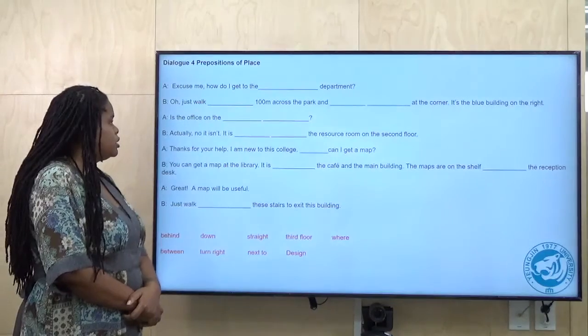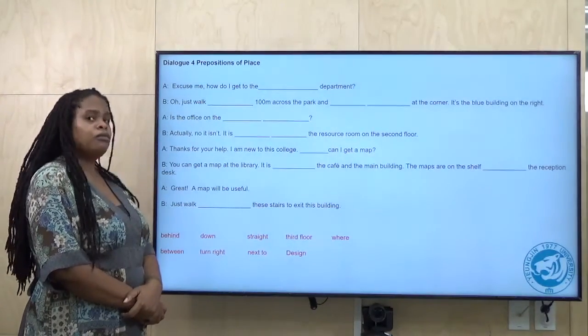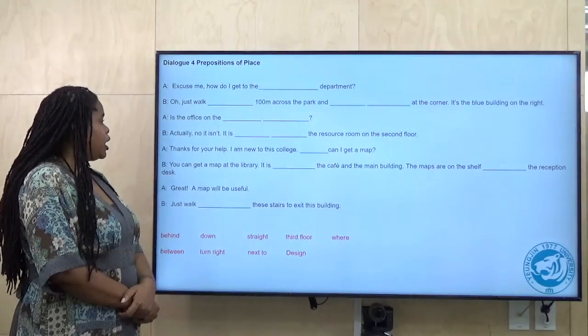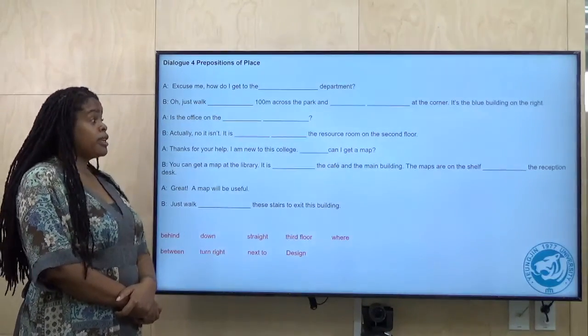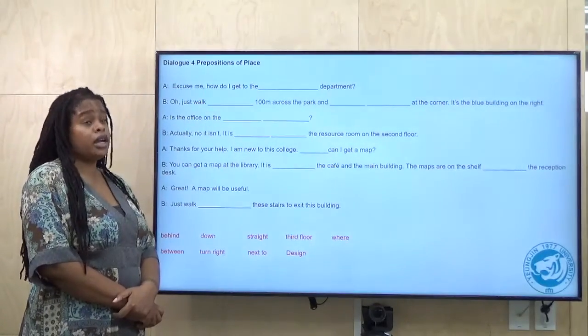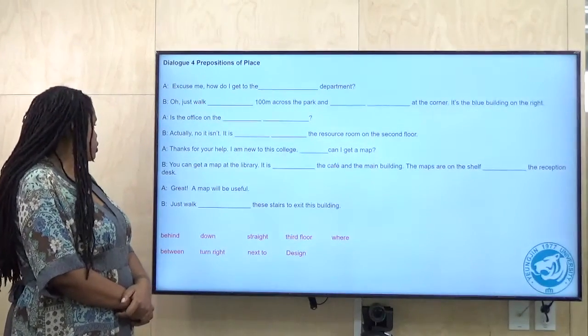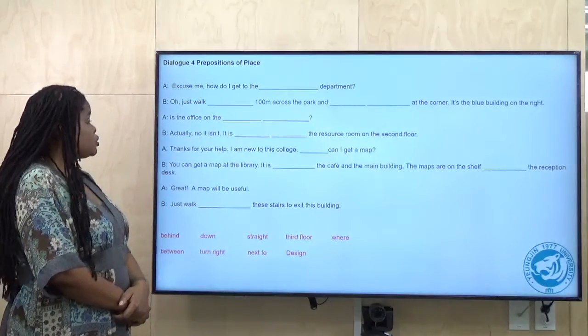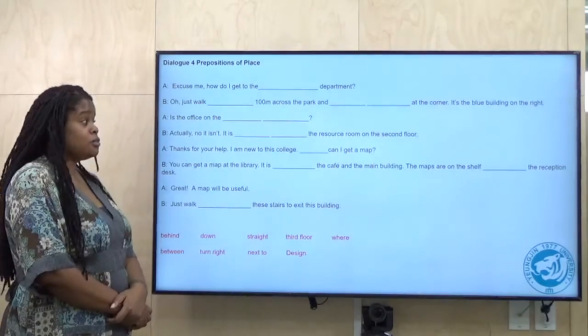Thanks for your help. I'm new to this college. Where can I get a map? You can get a map at the library. It's between the cafe and the main building. The maps are on the shelf behind the reception desk. Great, a map will be useful. Just walk down these stairs to exit this building.